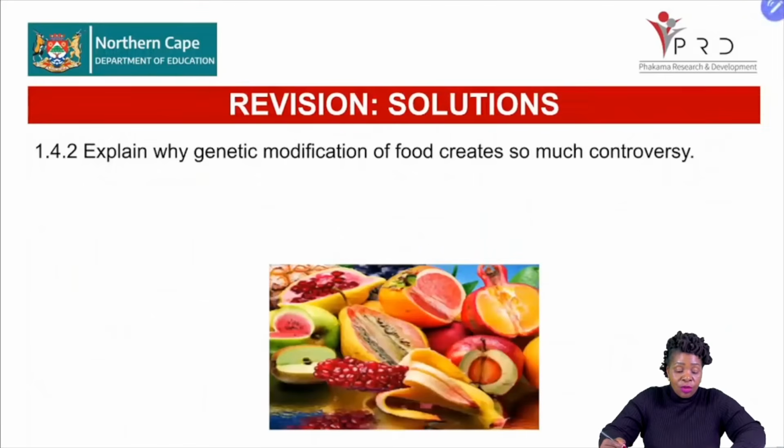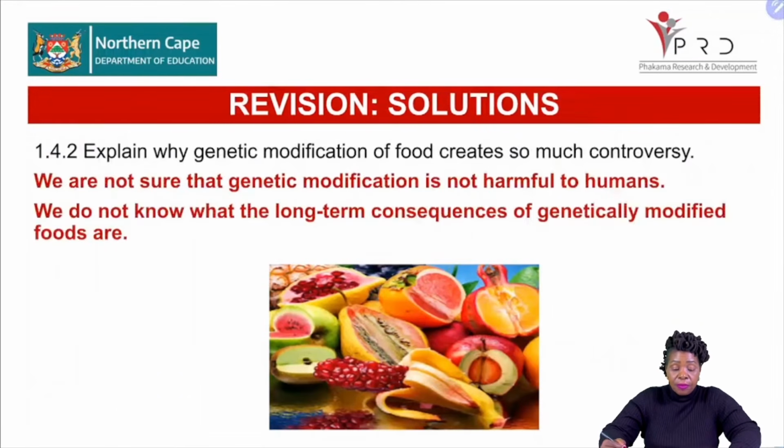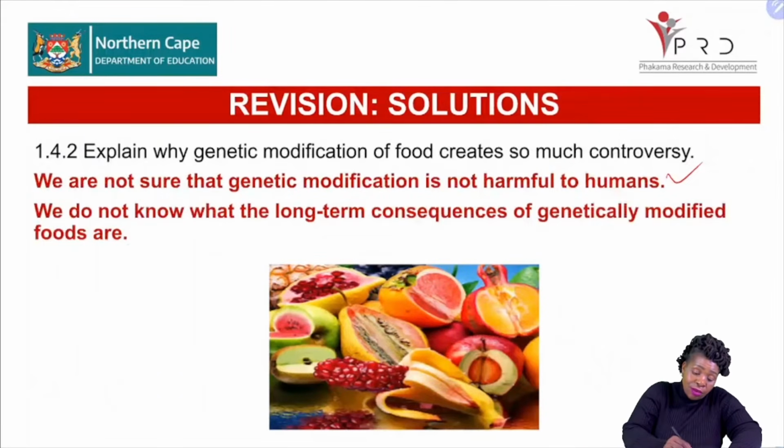Right, let's move on to our next question. It says, explain why the genetic modification of food creates so much controversy. We are not so sure that genetic modification is not harmful to humans. We do not know what the long-term consequences of genetically modified foods are.